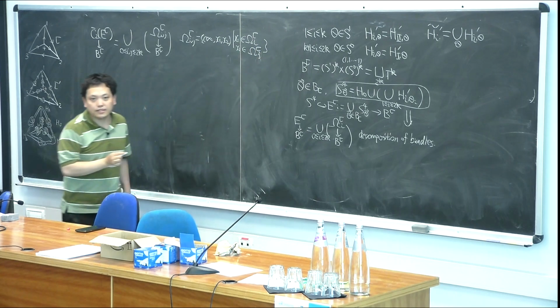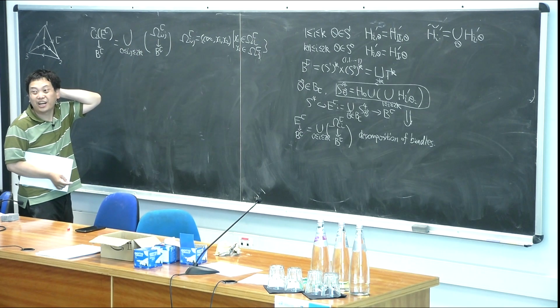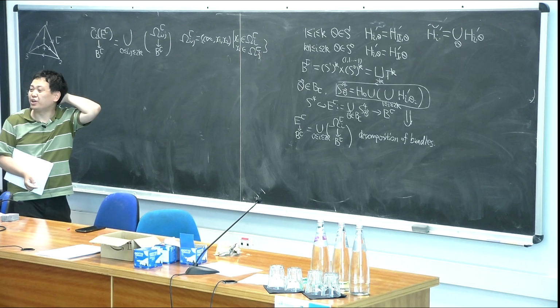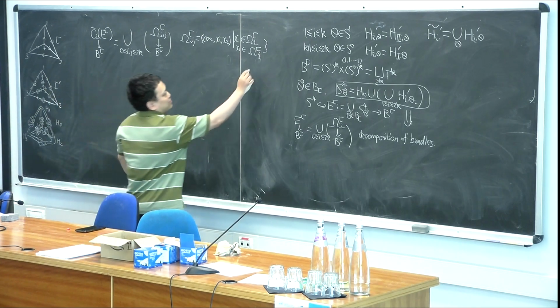Okay, so this decomposes the two-point configuration space bundle into 2k plus 1 squared pieces. Just imagine like this.